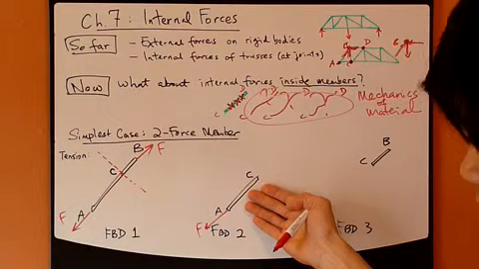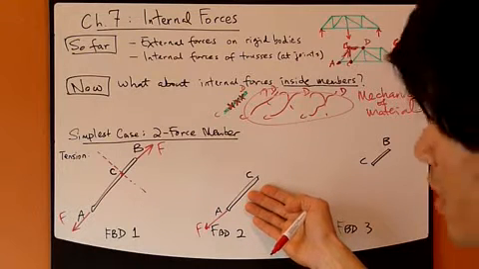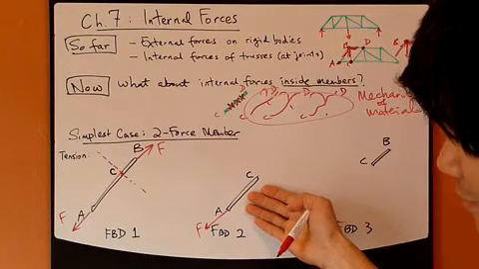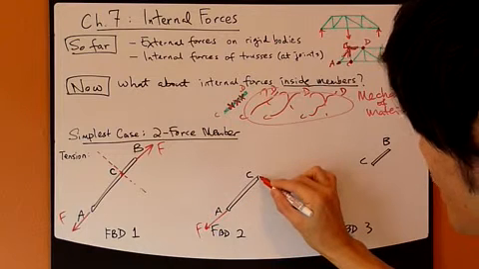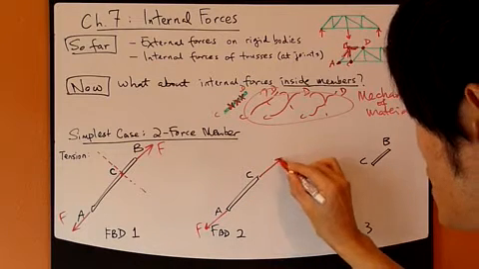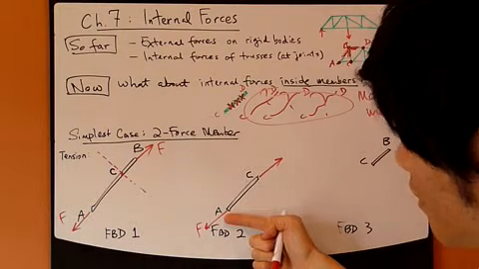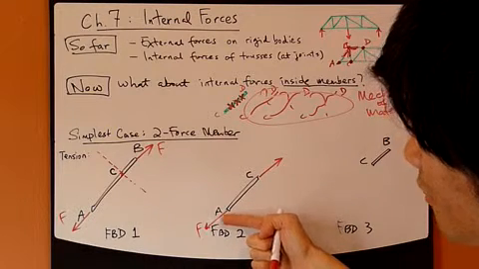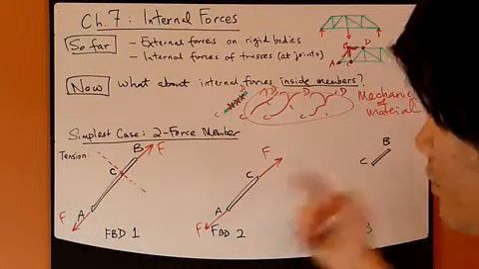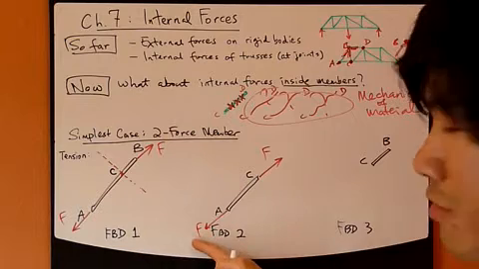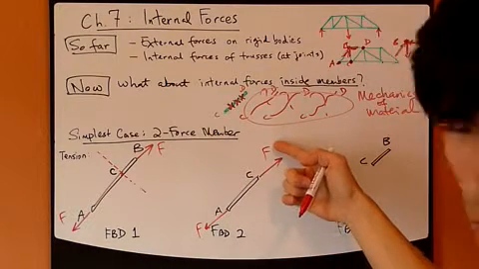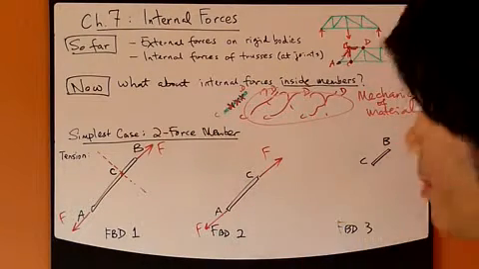So AC must also be a two-force member. Therefore, there has to be a force coming out of C this way, equal to and opposite of this force. And that's also F. So if F is 100 pounds, this other F is also 100 pounds, acting the opposite way.